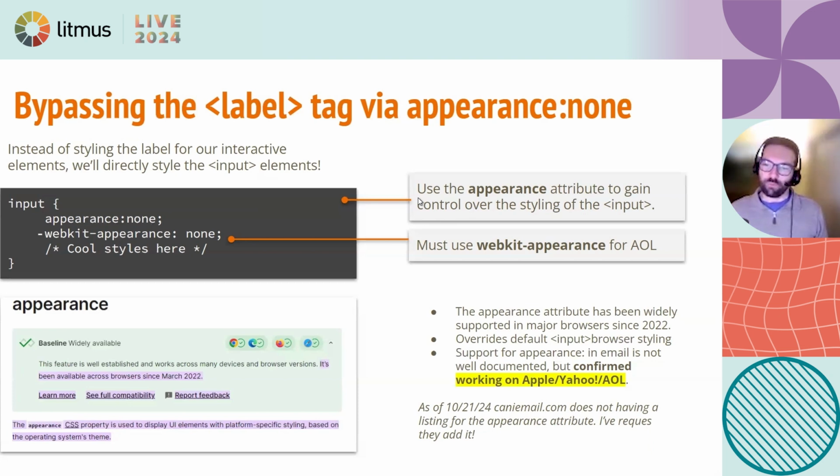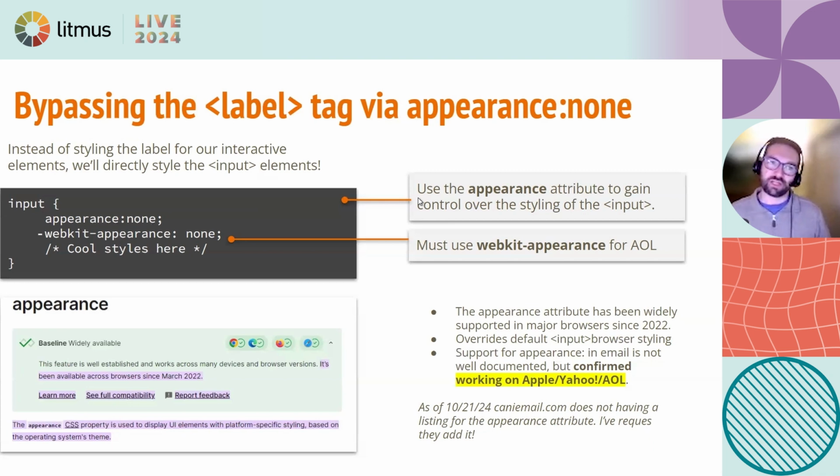So being able to directly style the input opens up a new world of possibilities, because we no longer have to use the label to create nice looking buttons or interfaces in order to control the inputs. We can actually just take the input and directly style it and make that our button, and the label doesn't even need to be in the picture.